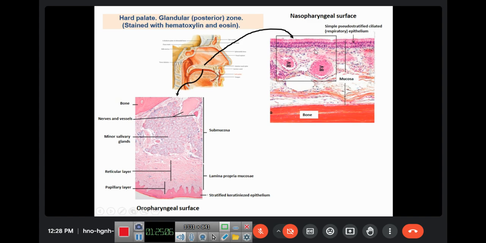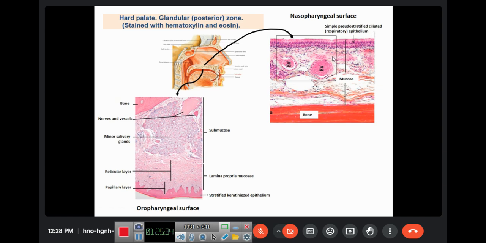In the lamina propria mucosa, we have loose connective tissue with a lot of blood vessels. Blood vessels, mostly capillaries and small venules, serve for conditioning of the inhaled air.